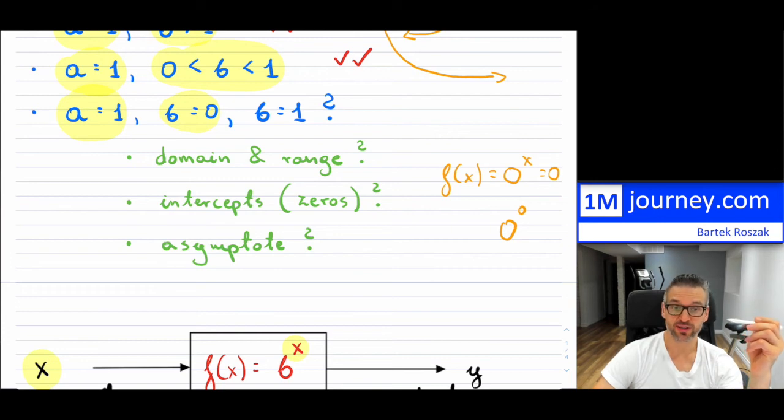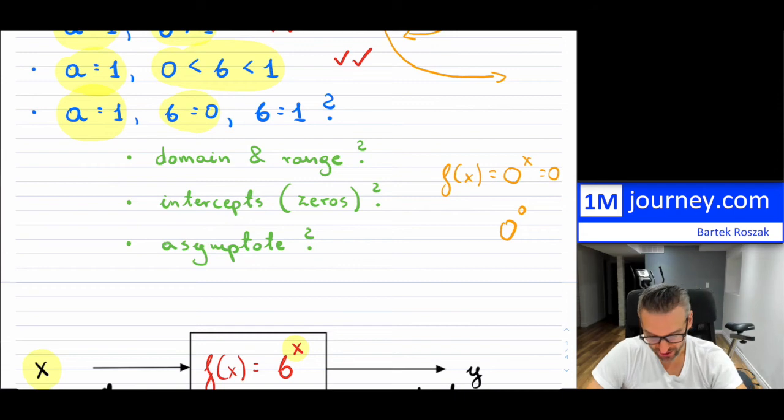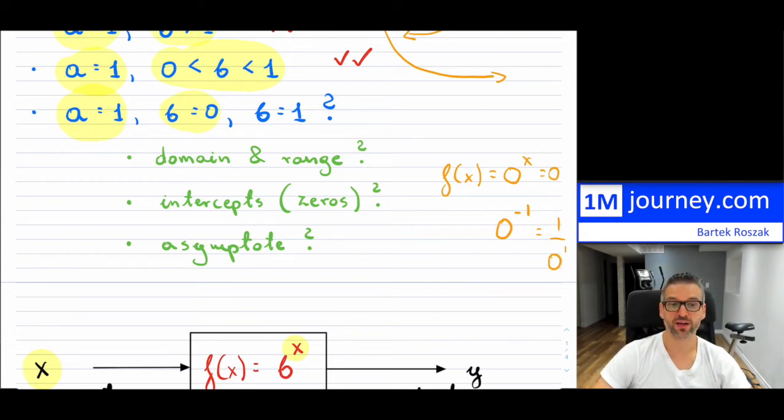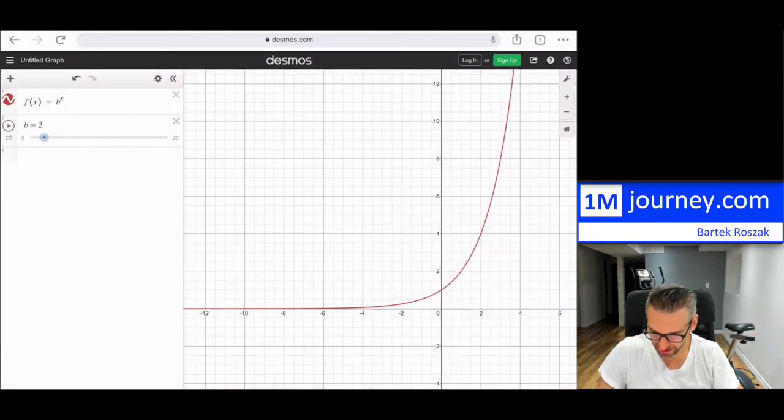Now, if your input is negative, that actually creates quite a bit of a problem for us. Imagine, I'll just take a simple case. You can take it to anything, but 0 to the negative 1, what this means is 1 over 0 to the 1, right? And 0 to the 1 is just 0, which means you have undefined. And what you will find for this case, when your base is equal to 0, let me bring back Desmos here, and let's put this back into 0.